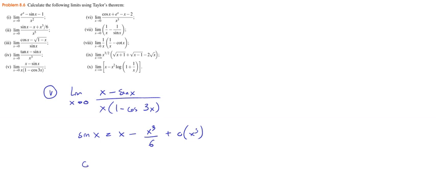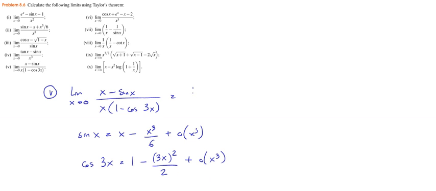And then the cosine of 3x is going to be 1 minus 3x squared divided by 2 factorial, and then plus small o, and the next term is x to the 4th, so it's small o of x cubed, right? And this is 9/2 of x squared, right?